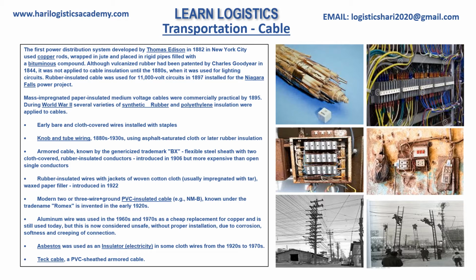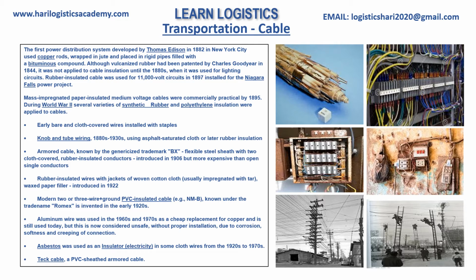Rubber insulated cable was used for 11,000 volt circuits in 1897, installed for the Niagara Falls Power Project. Mass impregnated paper insulated medium voltage cables were commercially practical by 1895.